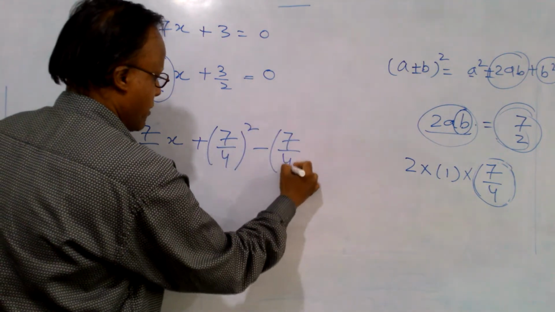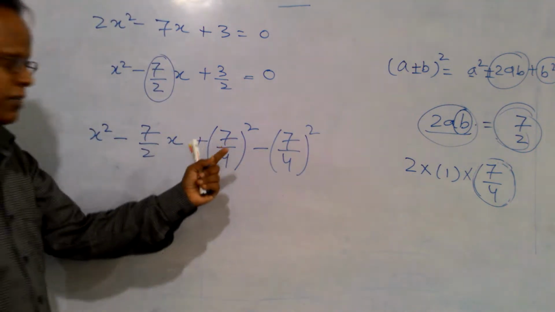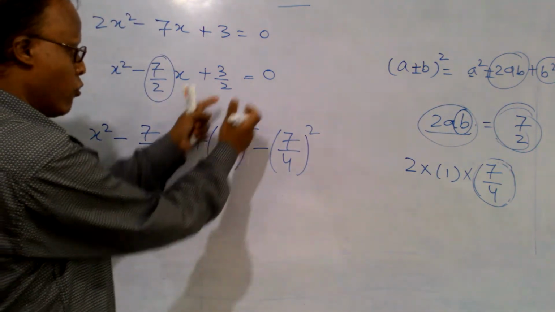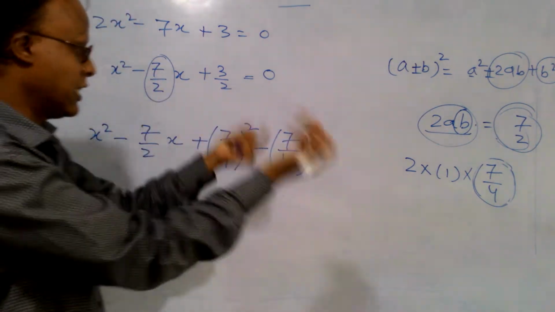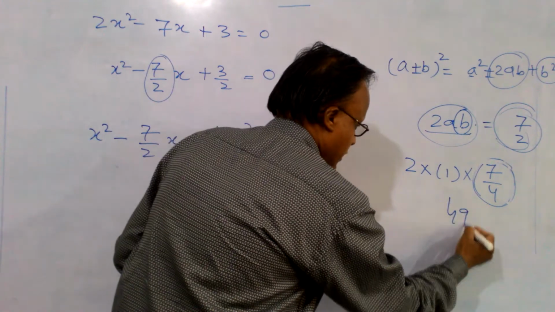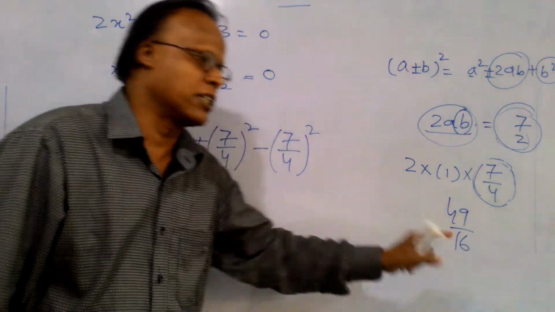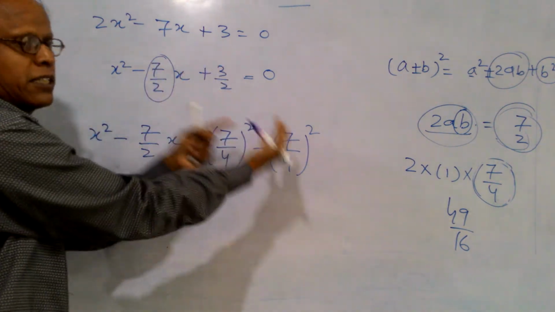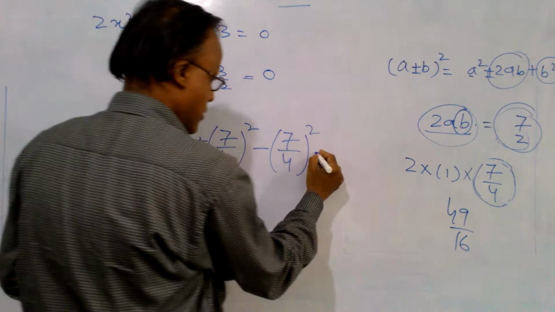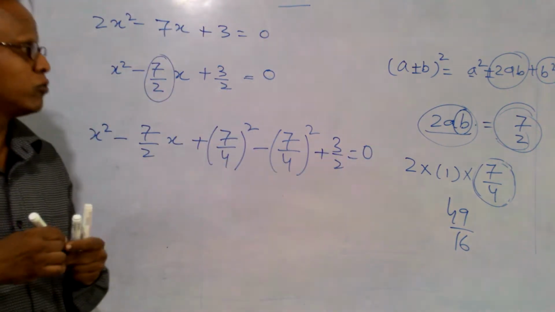Then does the result remain the same or not? It remains the same. I add 7 by 4 whole square and subtract this 7 by 4 whole square. In other words, we can say 49 by 16. If we add and subtract 49 by 16, then this term becomes a whole square term and this is the remaining term, plus your 3 by 2 is equal to 0.